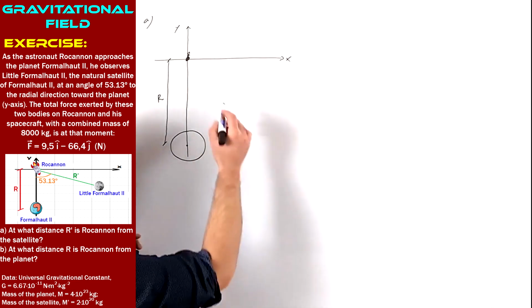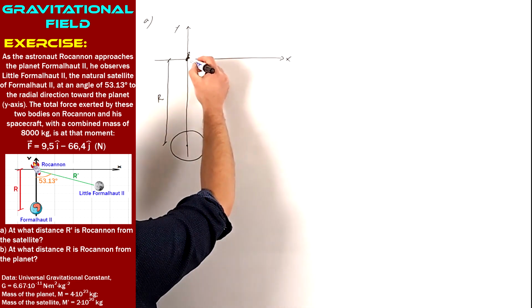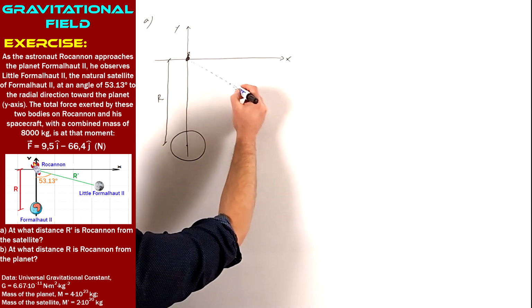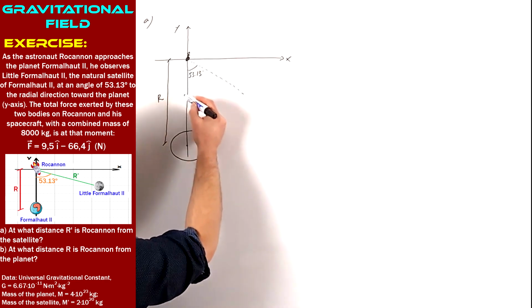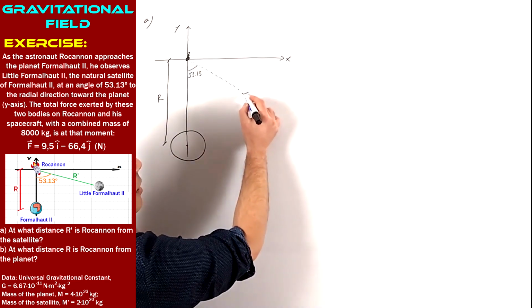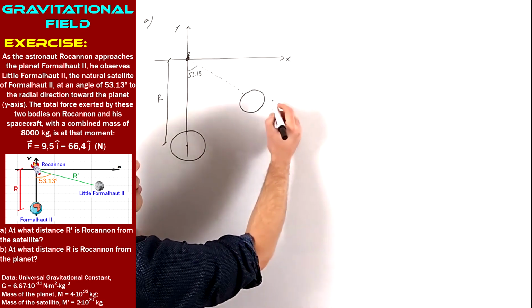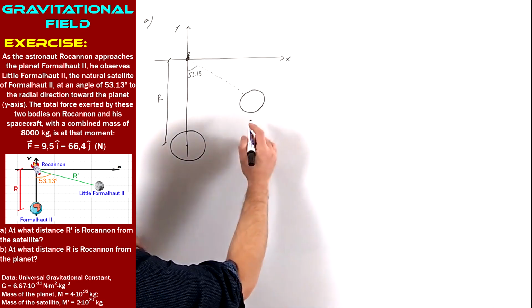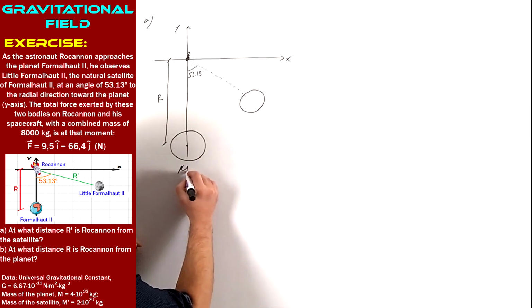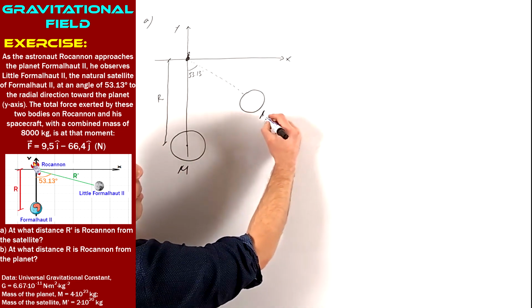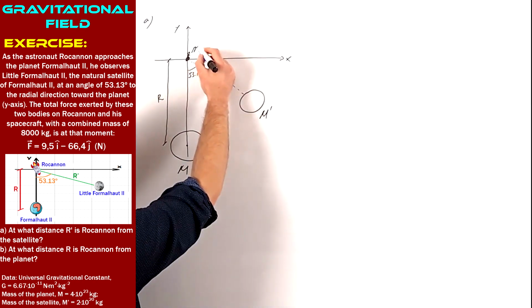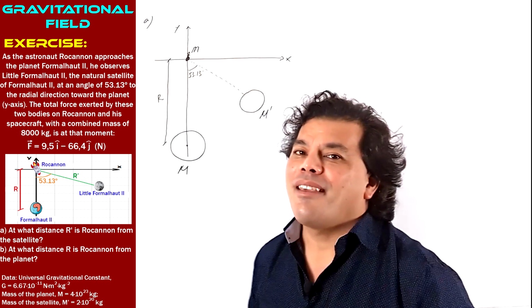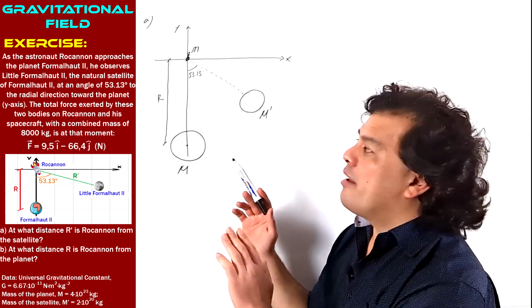And on the other hand, they are telling us that at an angle of 53.13 degrees from this axis appears its natural satellite, Little Formalhaut. And we are given the mass of the planet and the mass of the satellite, and also the mass of our astronaut Rocannon and his spacecraft.